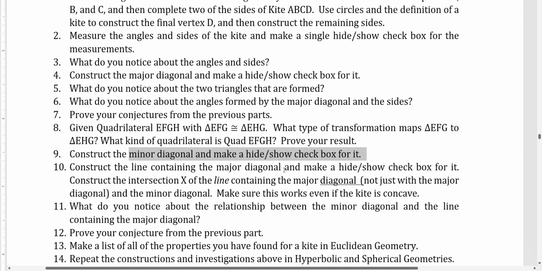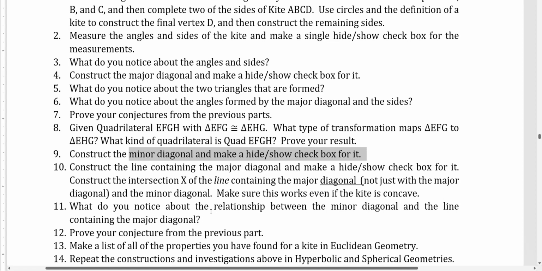That was our line of symmetry we had a while ago. Not just the diagonal, but the line containing it. Construct the intersection of the line containing the major diagonal with the minor diagonal. Don't just construct the intersection of the major diagonal and the minor diagonal. You can also make it into a concave kite and make sure that it works.